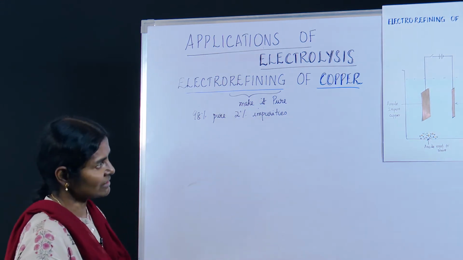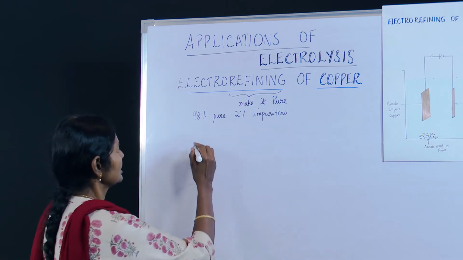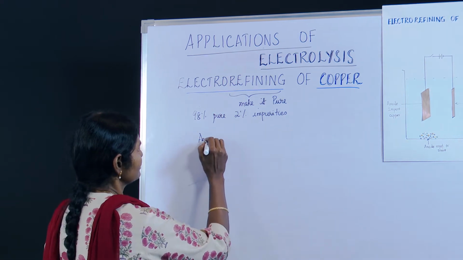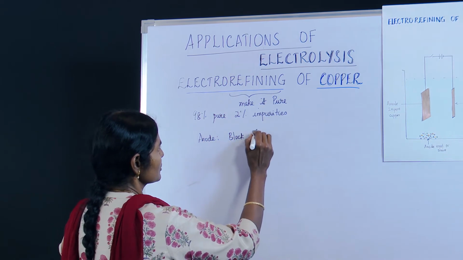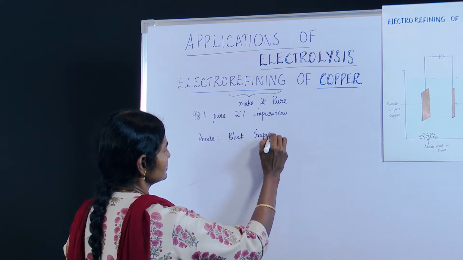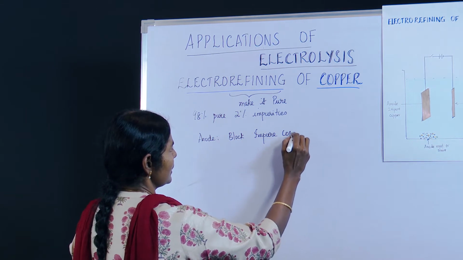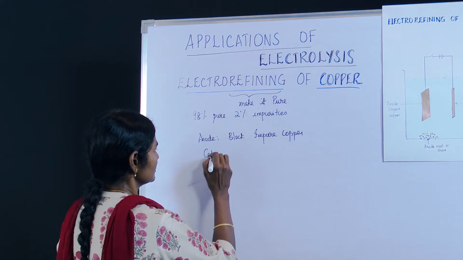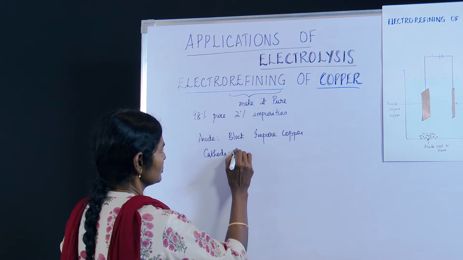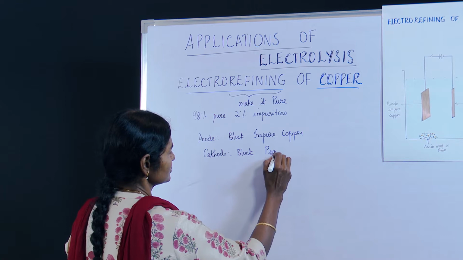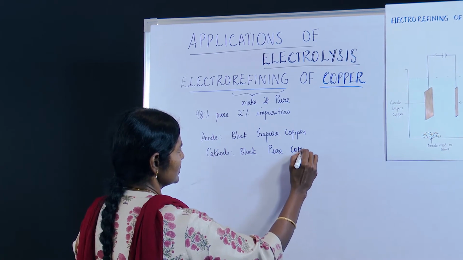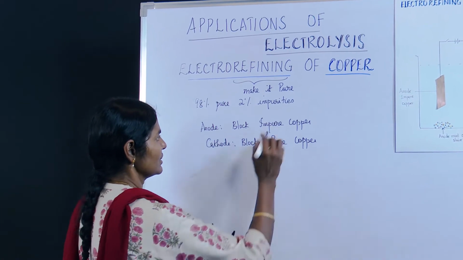Now when we see electro-refining of copper, the anode is made of a block of impure copper, and the cathode is made of a block of pure copper. So the words impure and pure are very important.